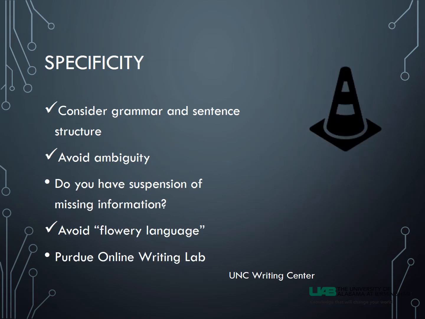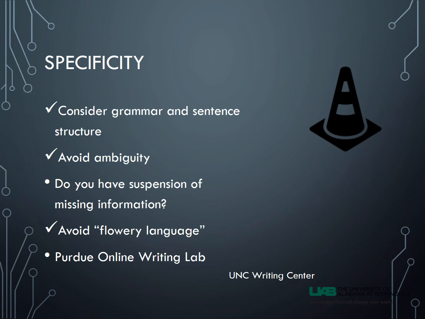Okay, so next it's important to make sure that the lab report is specific. Remember that a lab report should leave no room for ambiguity. It's very detail oriented. So as you look through each section, do you have suspicion of missing information? Keep in mind that you may not be an expert in the experiment's topic of interest.